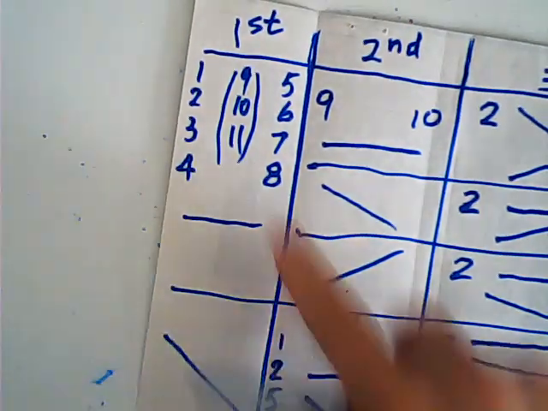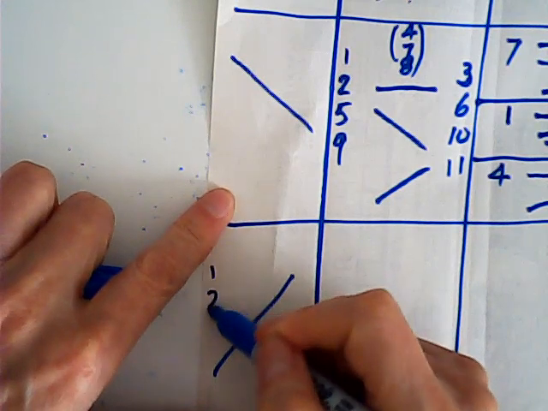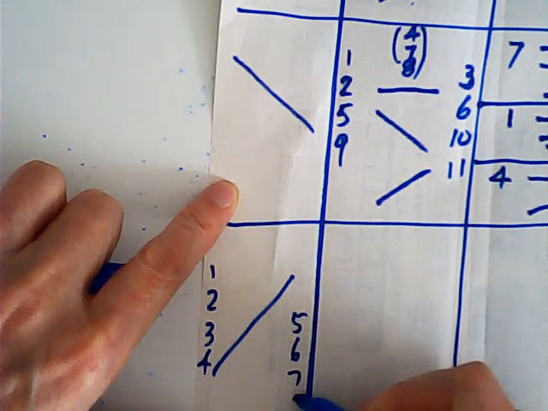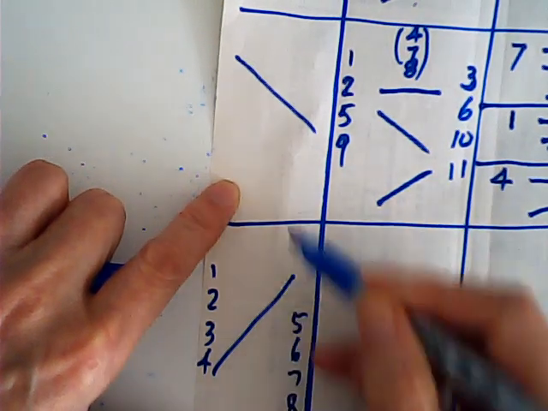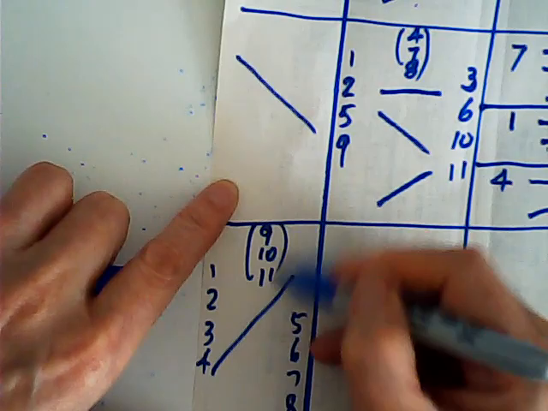Now, if this is the situation, the first balance, let me write. This is 1, 2, 3, 4, right? This is 5, 6, 7, 8, and in the middle is 9, 10, and 11.